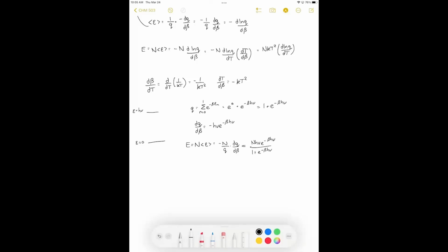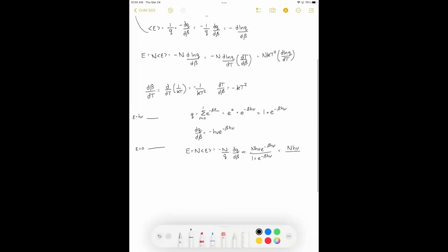And it's often a little bit nicer if we divide e to the minus beta h nu from each term, which gives us n h nu over e to the beta h nu plus 1. And this is our function for energy. We'll go to the slides here and look at what happens to this function as temperature increases.